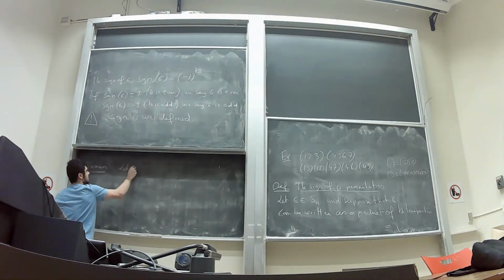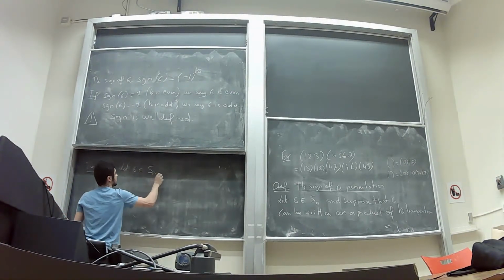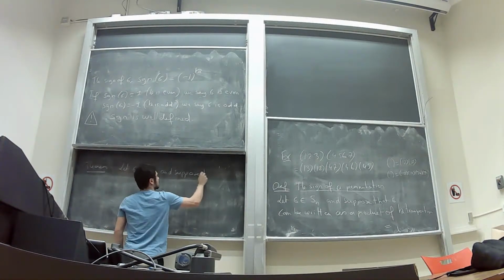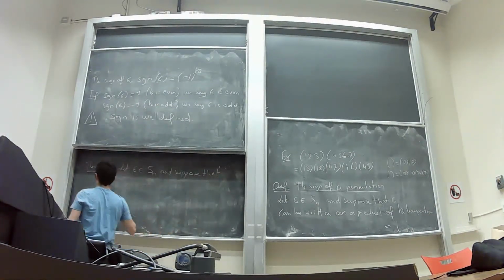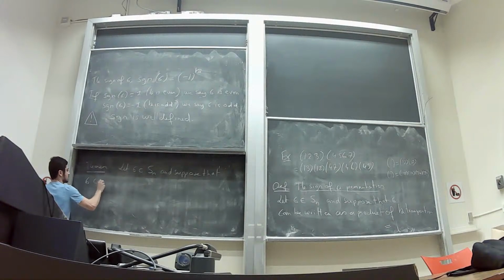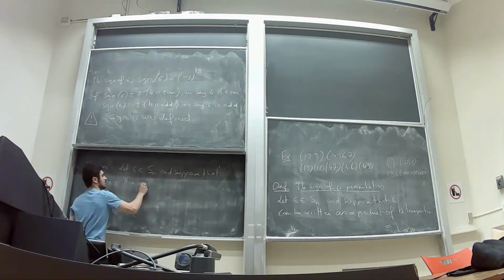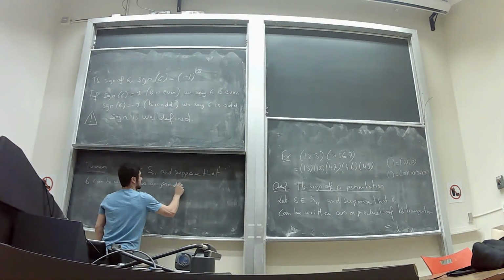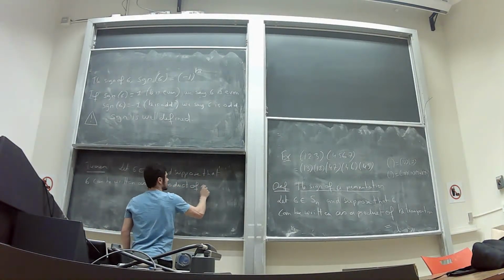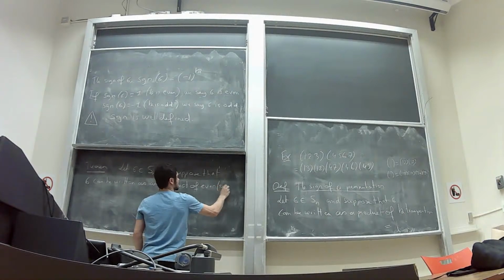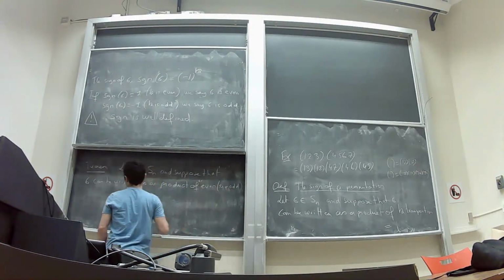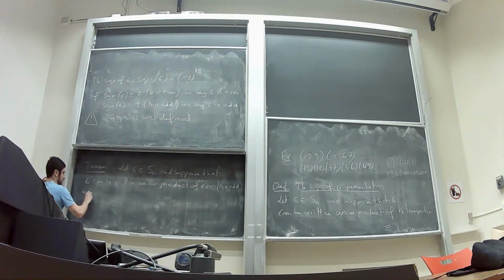Let sigma be in S_n, and suppose that sigma can be written as a product of an even number of transpositions. You can change even to odd.